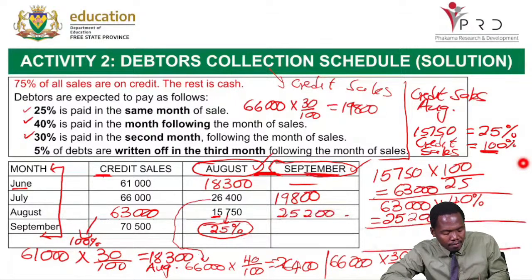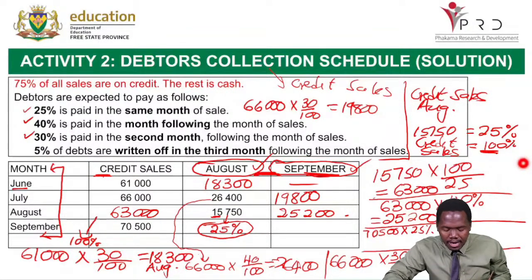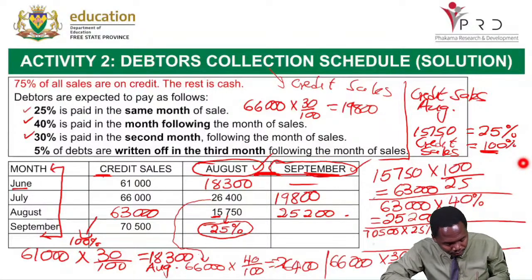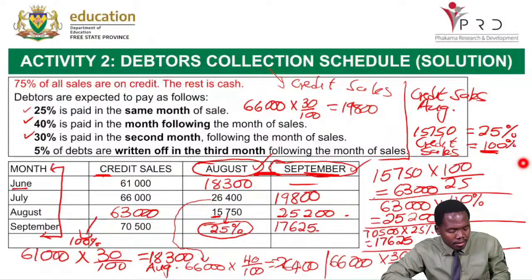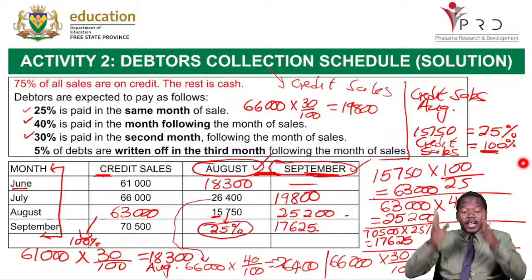So we are going to say 70,500 multiplied by 25%. And then what do we get now? Let us calculate together, grade 12. 70,500 multiplied by 25%. That would be 17,625. So we record in the correct column, remember.